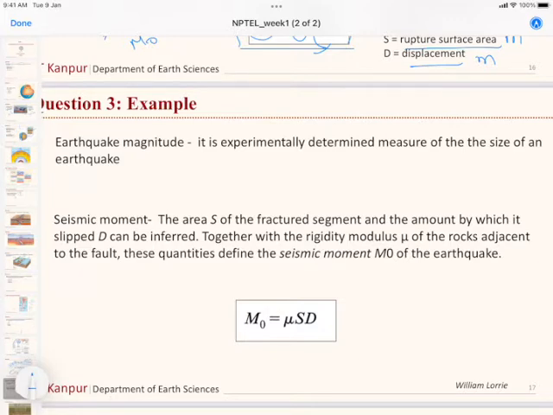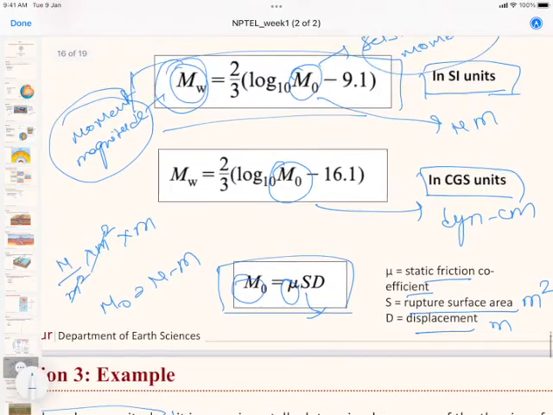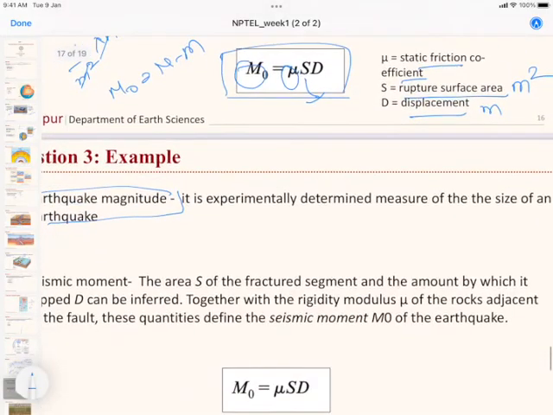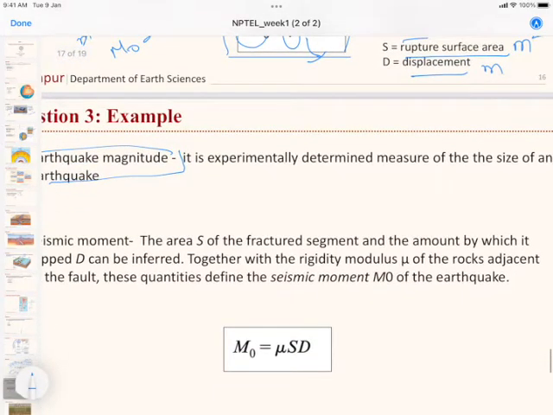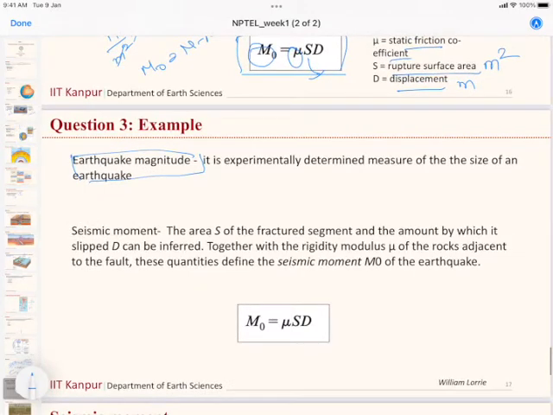But there's an experimental way to determine the size of an earthquake, which is the earthquake magnitude. There are several ways to calculate the magnitude, but the most widely used is the moment magnitude that we have discussed just now. To calculate the moment magnitude, we need to first calculate the seismic moment.